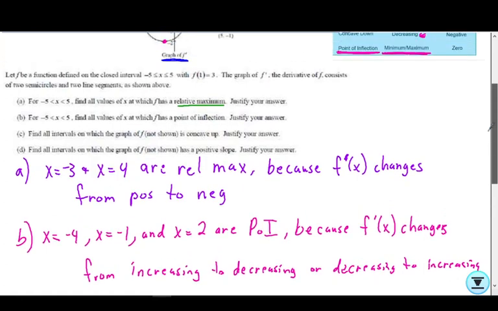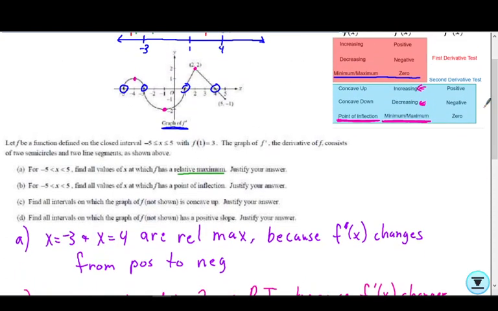Okay, now part C: find all the intervals where the graph of f is concave up. Justify your answer. Normally, if we were trying to find concavity, we'd be relying on the second derivative test. But we don't have the second derivative, so we have to rely on what we know from our first derivative. I'm going to do C in green so you can see it on the graph. Where is our function concave up?